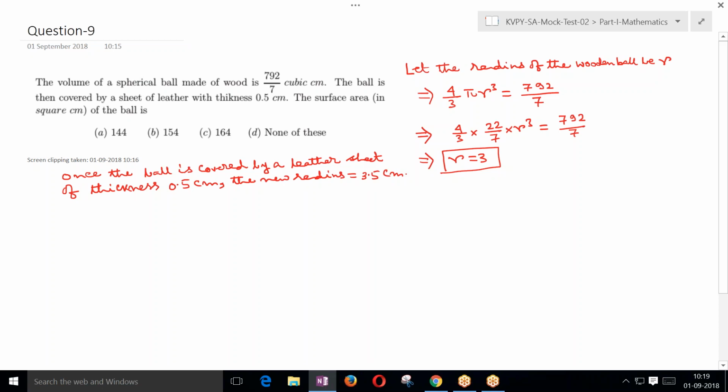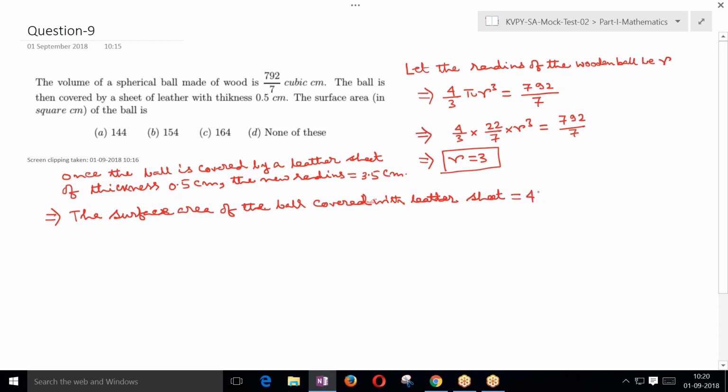Now what is the surface area of this ball? So this implies the surface area of the ball covered with leather sheet is equal to what?